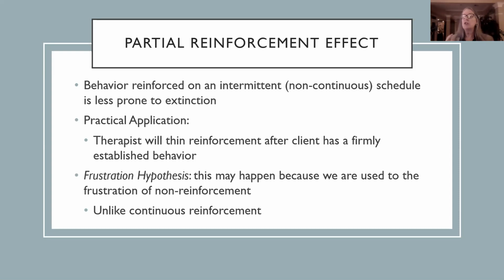But you're used to that frustration because the next time you're asked to sit and you sit, you might get the reinforcer. So getting frustrated and still doing the behavior and still getting reinforced isn't new to you. So when the behavior is getting extinguished and you're not given the reinforcer, that frustration isn't an inhibitor to you, like it would be to someone who learned it on a continuous reinforcement schedule.